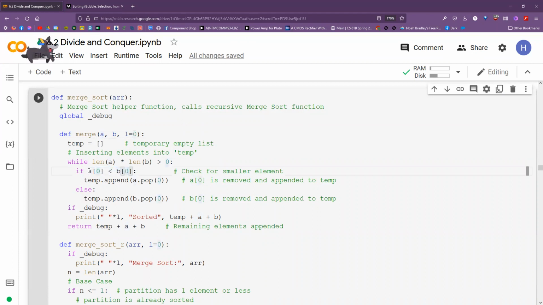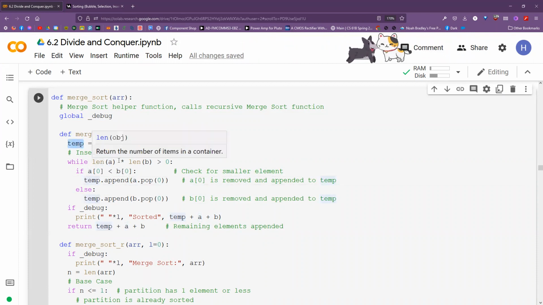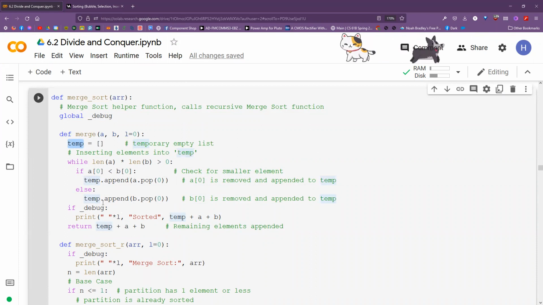So if A0 is smaller than B0, we remove the first element of A and append it to our temporary list over here. And then kung mas maliit si B, yun yung ilalagay natin sa temporary na list. So yung pop operation natin, if hindi kayo familiar, it removes the element at the index na naka-indicate, and then it returns it to be appended din kay temp naman.